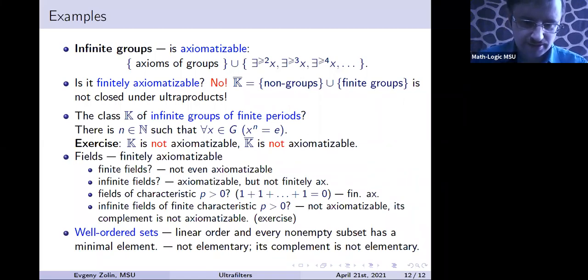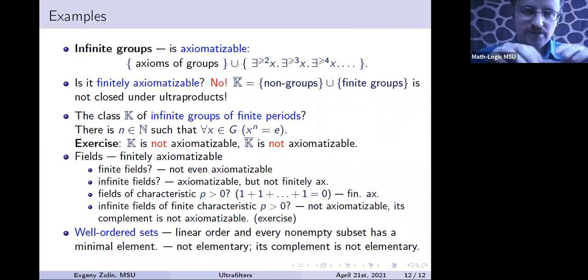Okay. So we have a hierarchy of classes. There are very simple classes, finitely axiomatizable. There are classes that are axiomatizable, but not finitely axiomatizable. There are also classes such that their complement is axiomatizable, but the class itself is not axiomatizable.